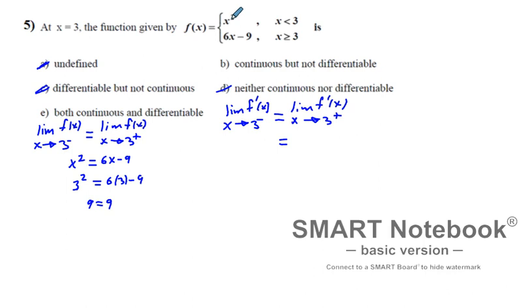The derivative of x squared is 2x on the left. The derivative of 6x minus 9 is 6. And now substituting 3, we have 2 times 3 is equal to 6. Correct. So we have both continuous and differentiable for our answer for problem 5.